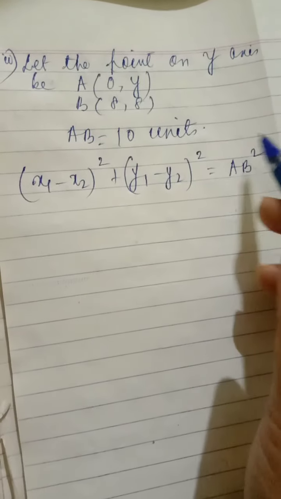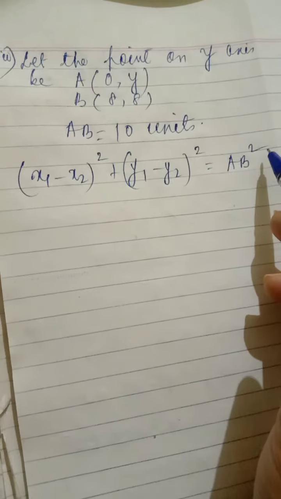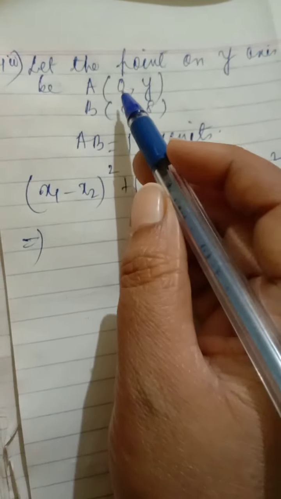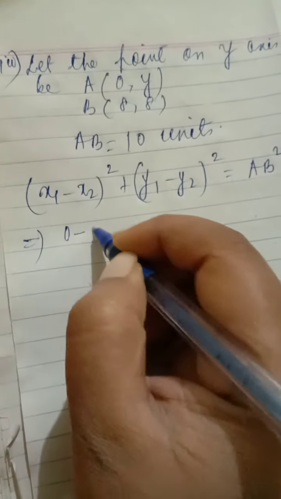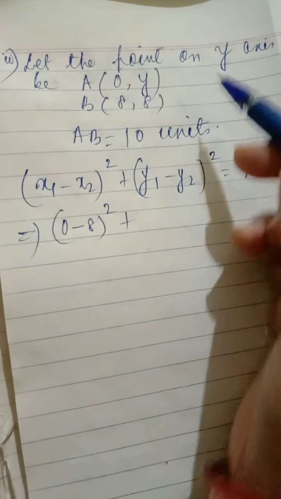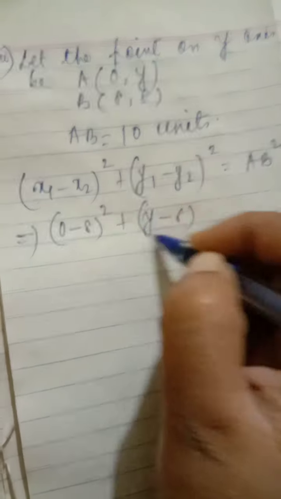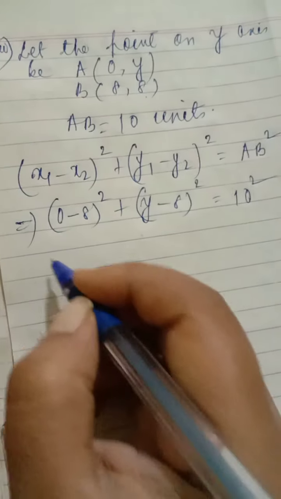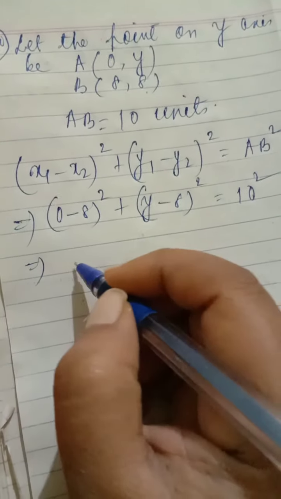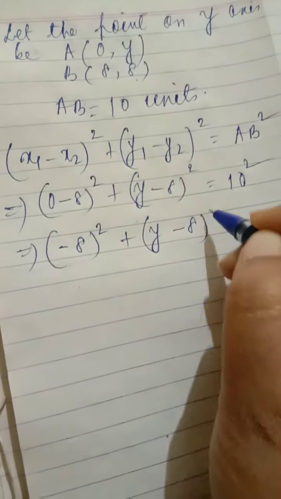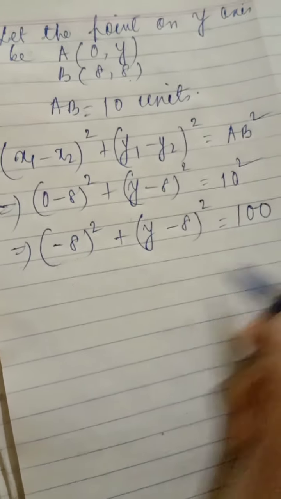Since we have not used the square root symbol, the right hand side, the distance, is also squared. This implies 0 minus 8 whole square plus y minus 8 whole square equals 10 square. Now minus 8 square plus (y minus 8) whole square equals 100.